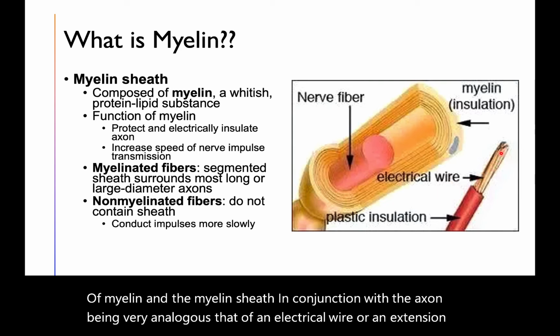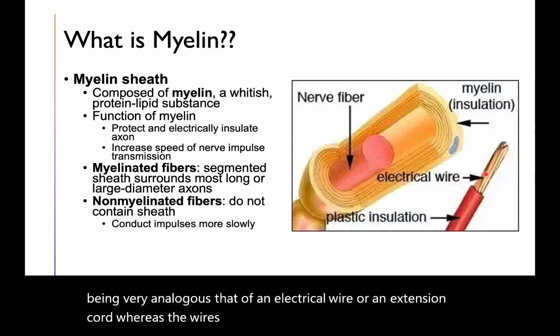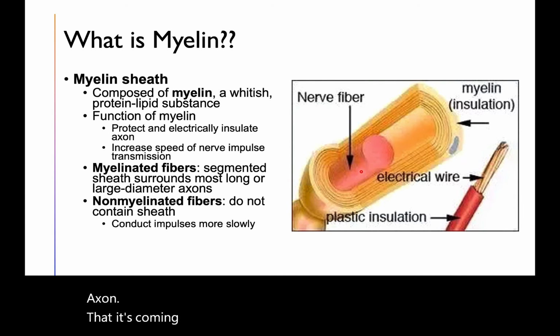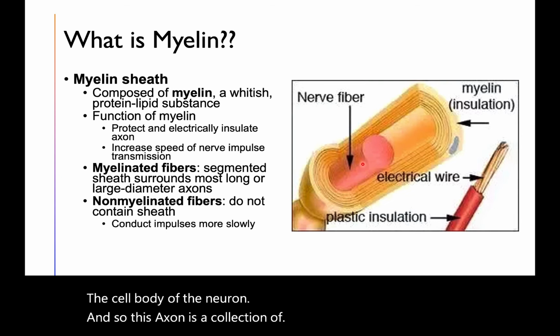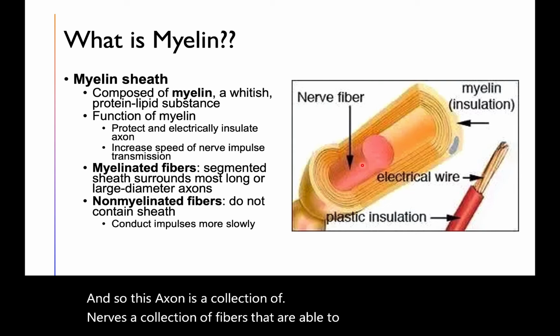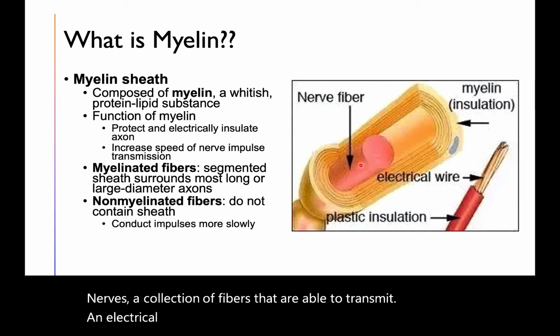Whereas the wires within the extension cord are indeed the axon that it's coming off of the cell body of the neuron. And so this axon is a collection of fibers that are able to transmit an electrical impulse, aka an action potential.